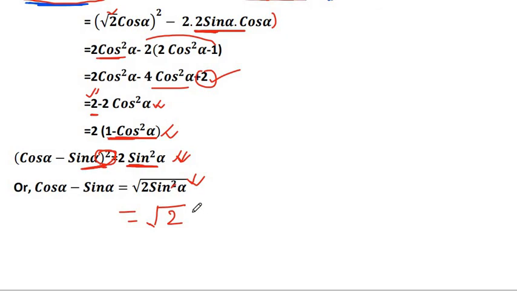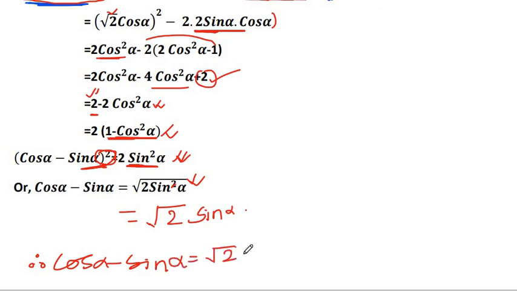This square eliminates its square root and becomes sin alpha outside of the square root. So I bring out that sin alpha from the square root, and finally what I got here is cos alpha minus sin alpha equals root 2 times sin alpha, which we need in the proof. So this much on this question.